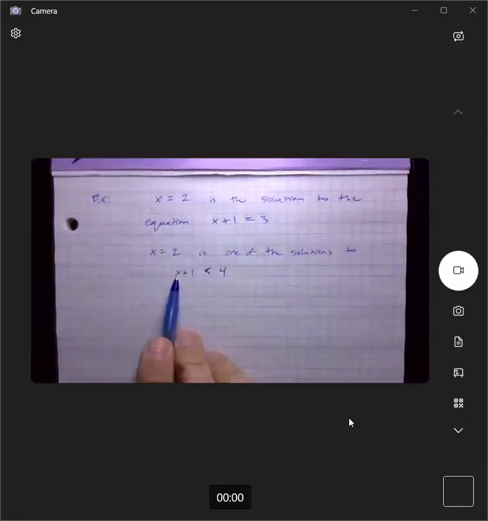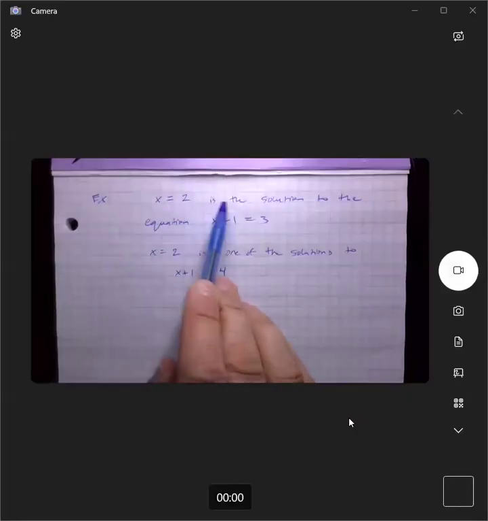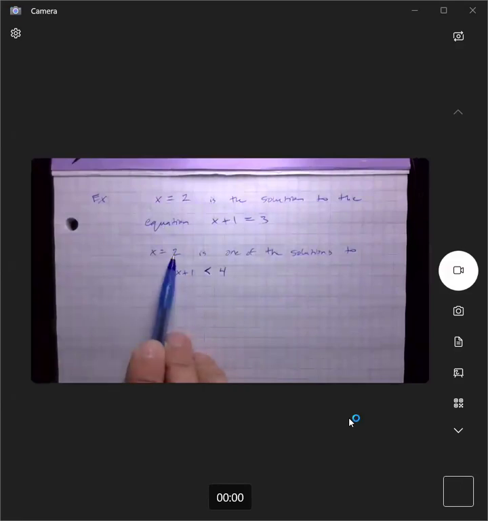Because when x equals 2, 2 plus 1 is 3, which is less than 4. However, x equals 2 is not just a solution, it is the only solution to x plus 1 equals 3. And x equals 2 is only one of many solutions to the inequality x plus 1 is less than 4.